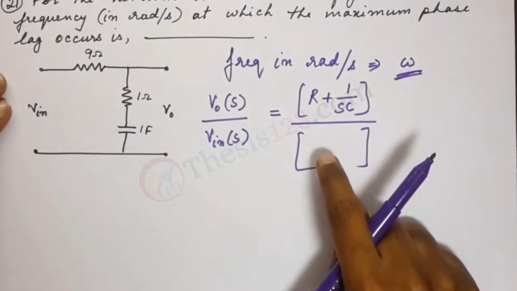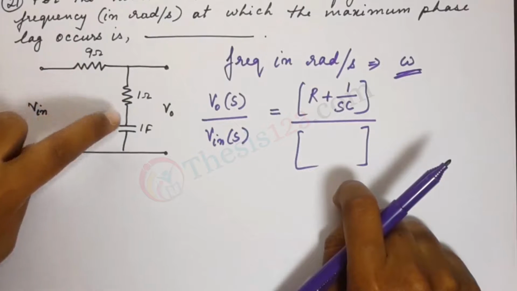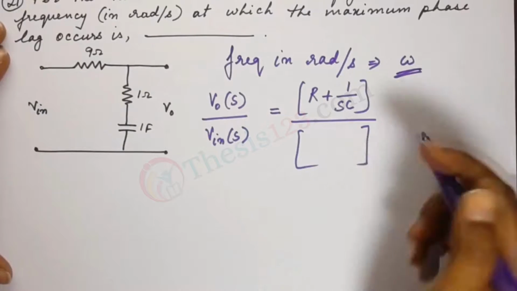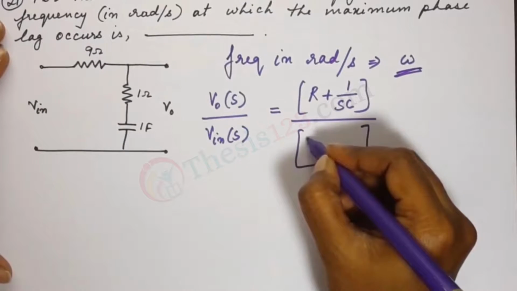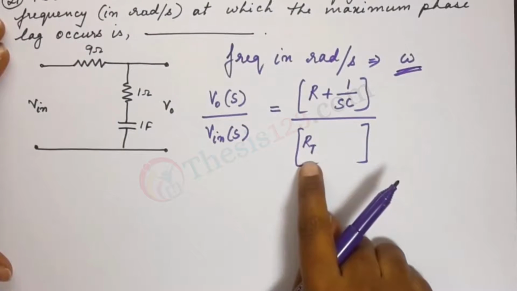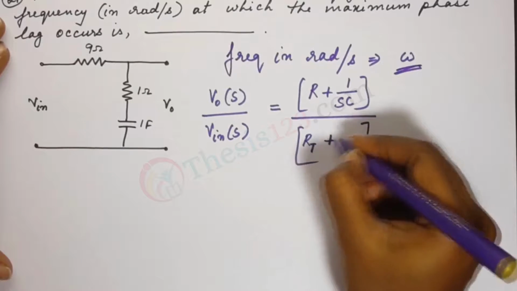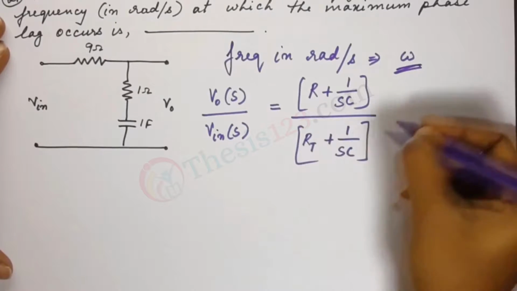Next, we need it in terms of the input. Now the input covers two resistances and the capacitance. So here we would have the total resistance RT plus 1 by SC.